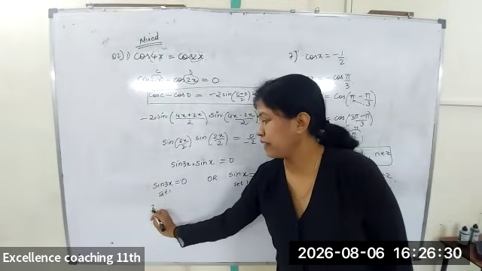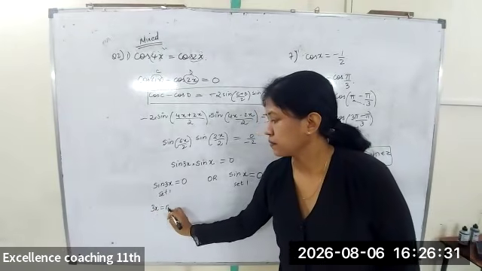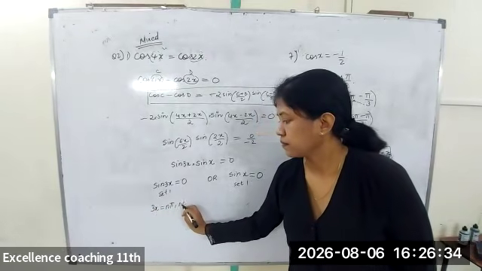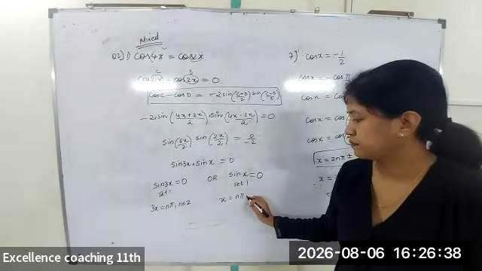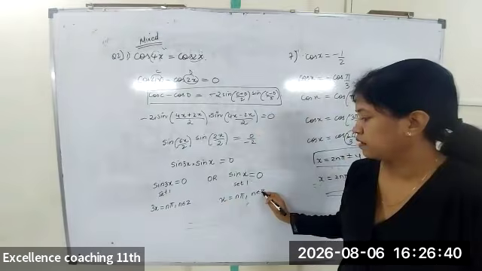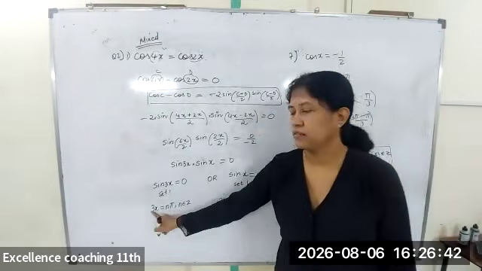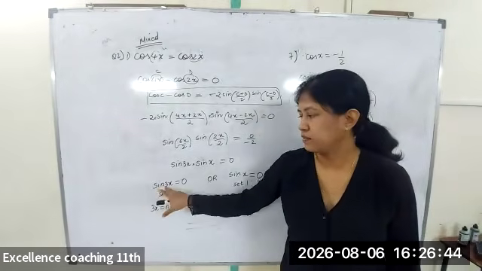Here it is n pi. The only difference here is 3x.